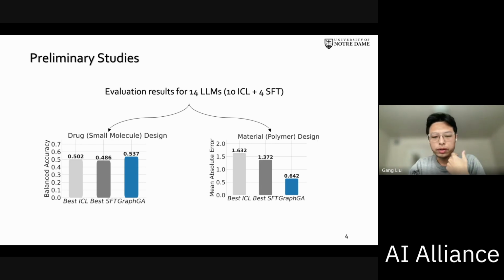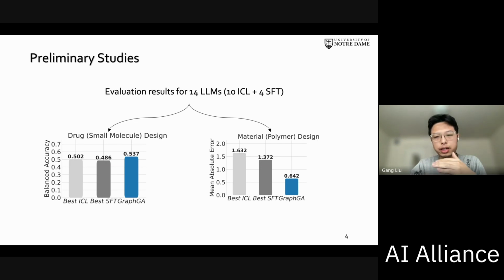In the drug task, we use 3 categorical properties from the MoleculeNet benchmark, and we report their balanced accuracy across the 3 different properties in the left figure. To compute this accuracy, we compare the input property and the oracle score of the generated molecules. Similarly, in the materials design task, we focus on 5 different polymer properties. They are continuous properties, so we report the average mean absolute error.